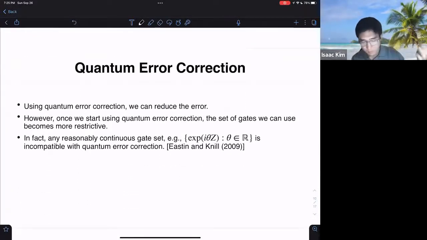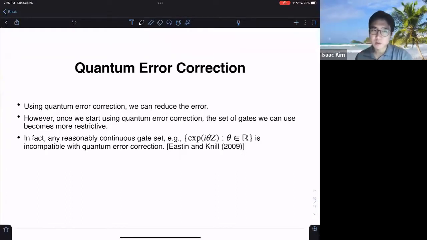Quantum error correction, whatever it is, is some scheme that can reduce the error. That's one of the reasons why people still think it is possible to build a large-scale quantum computer. But if you start to use it, there are some very fundamental theorems about quantum error correction which forbid you from using certain gate sets.